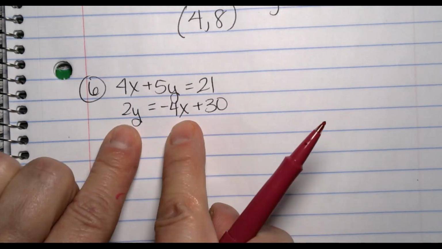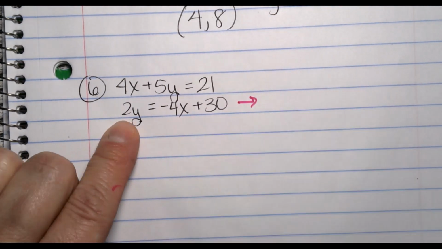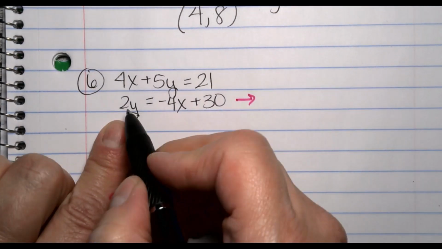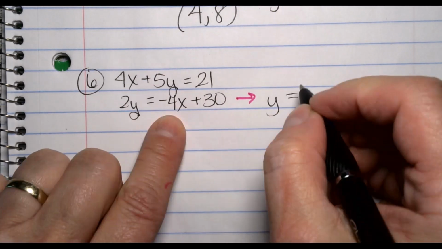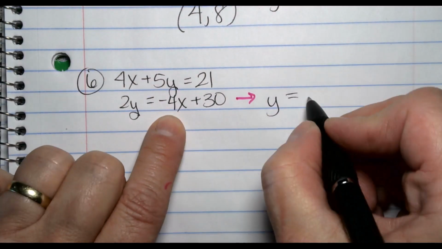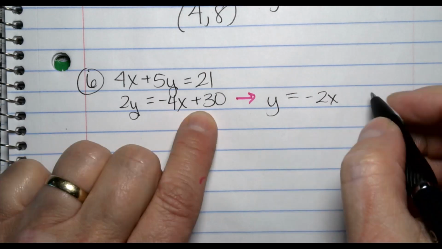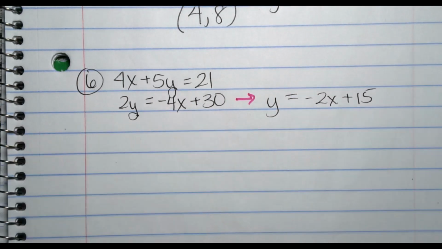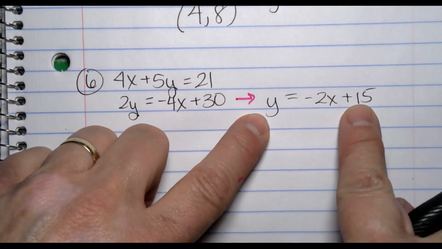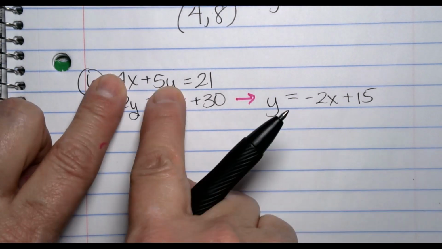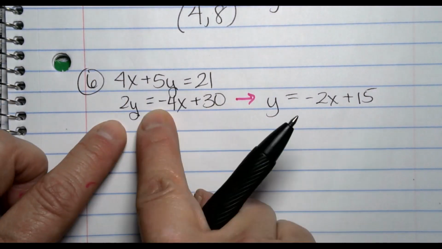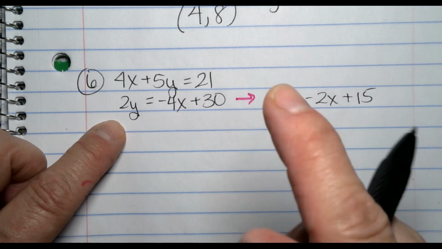What I'm going to do with this one is I'm going to divide everything by 2. 2y divided by 2 is y. Negative 4x divided by 2 is negative 2x plus 15. Once I have this done, I can substitute this y in right here. I didn't use this equation except to get that one. I'm going to use this one.